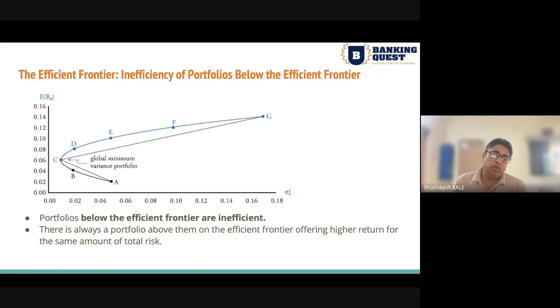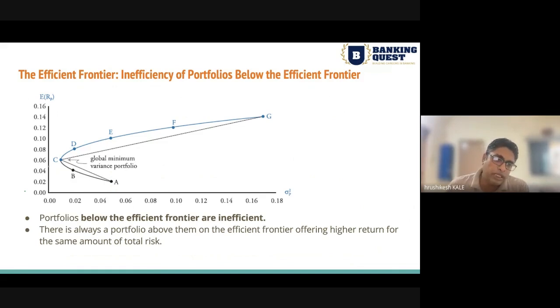Now I know no matter what happens, for a given level of risk, I'm going to get maximum this much return. Now, what I'm going to do, I am going to take risk-free rate.